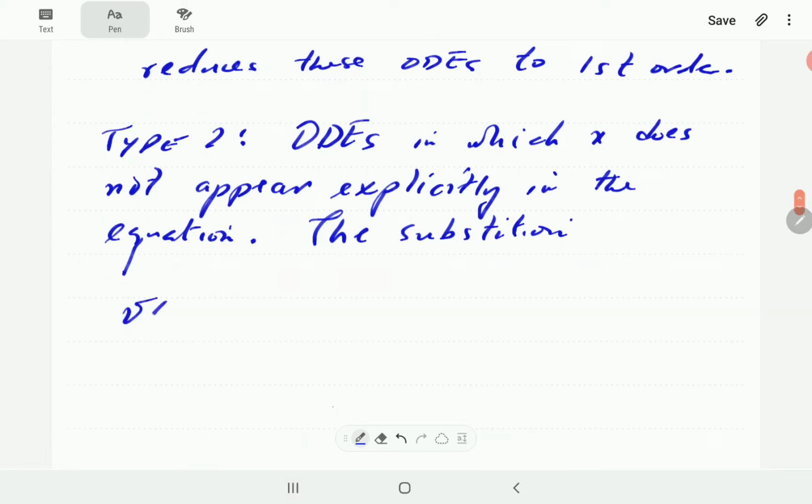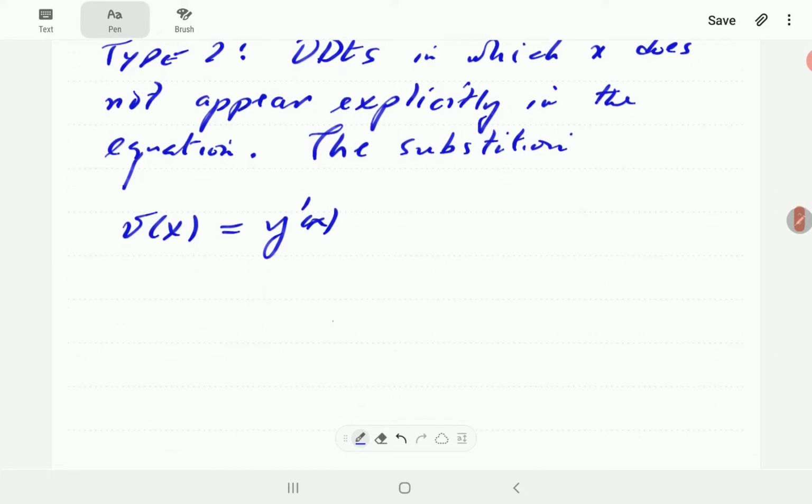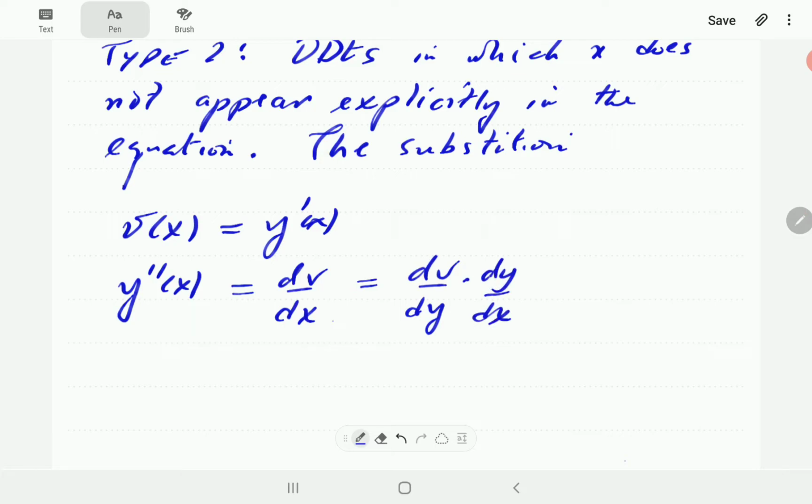the first equation of the substitution is similar to the substitution for type 1, but then for the second order derivative, this is dv dx. By using the chain rule, we'll write this as dv dy times dy dx, and then we notice that this term is exactly the same as v.